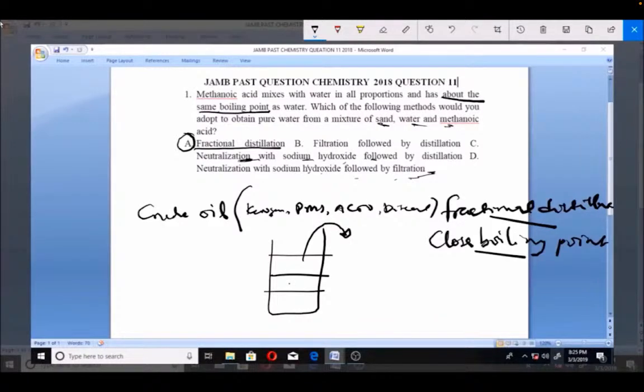Then the next one, water, goes out. Then you have your sand remaining. When the first one goes out, it is collected, and the second one is collected differently too. Then you have your sand left. So the best way is to use fractional distillation.